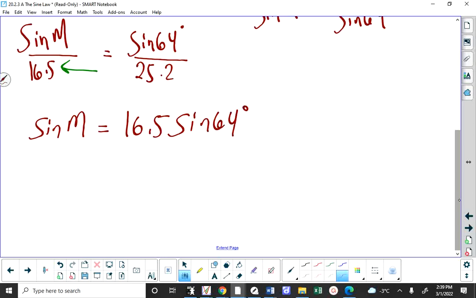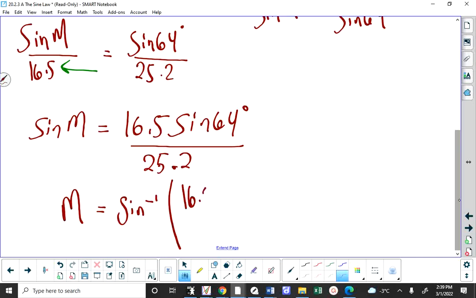I would prefer to put the number then the sine when I write it out. Over 25.2. And now I can figure out what M is, because M will be the inverse sine of that beast of a number, 16.5 sine 64 over 25.2.